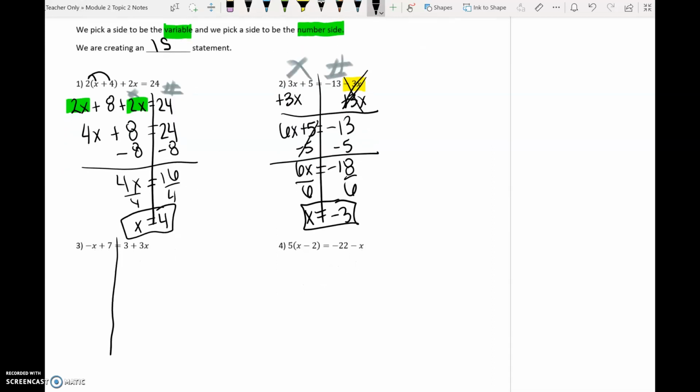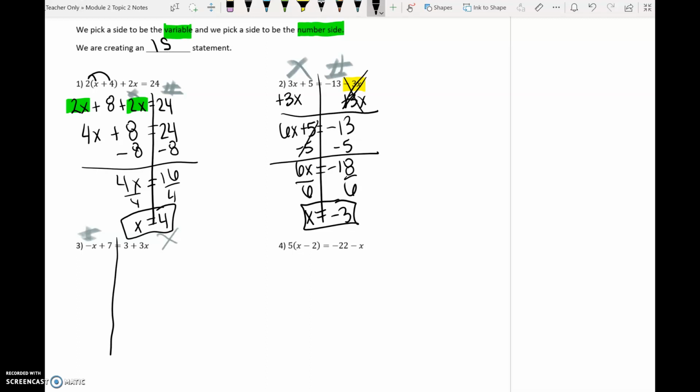So again, it doesn't really matter which side you pick to be your x side and which side to be your number side. Normally, I like to pick my x side to be where my x's are already positive. So if you look at this equation, I have a negative x and then I have a positive 3x. So I'm going to switch it up a little bit and pick my x side on the right and my number side on the left.